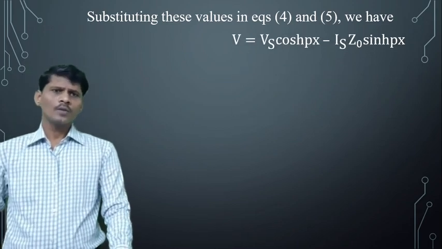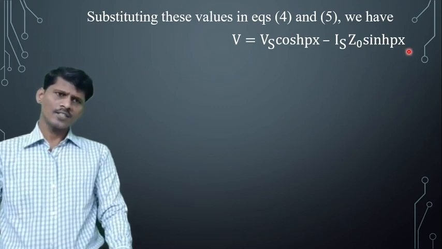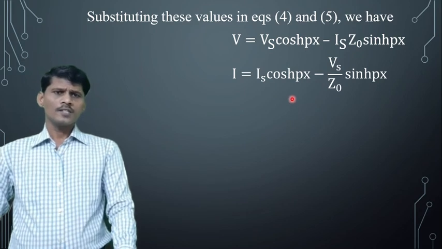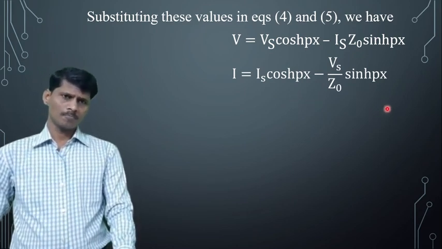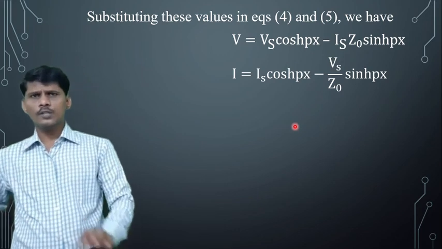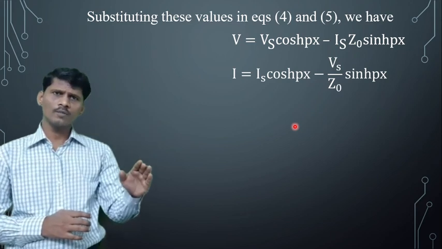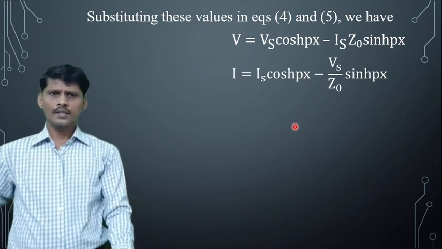We get the voltage equation V = Vs cosh px - Is Z0 sinh px, and the current equation I = Is cosh px - (Vs/Z0) sinh px. So these are the alternative expressions of the voltage and current equations. The transmission line is terminated with any load impedance ZR not equal to the characteristic impedance.